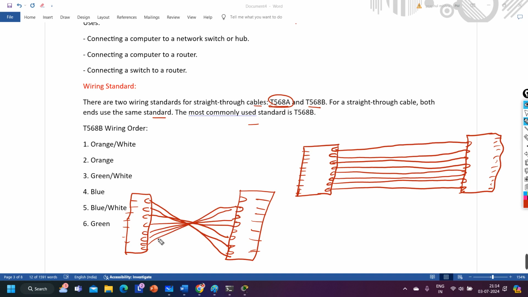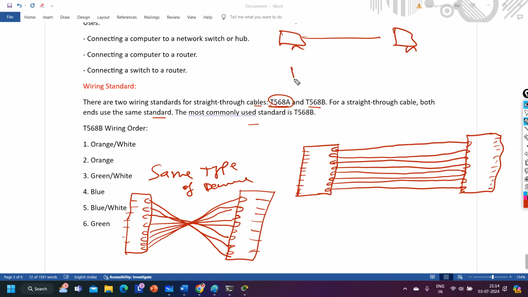That's why we are saying it is crossover, which is used to connect the same type of devices, means PC to PC. Now you tell me, if I need to connect two PCs together, which type of cable will I use? Crossover cable, right?